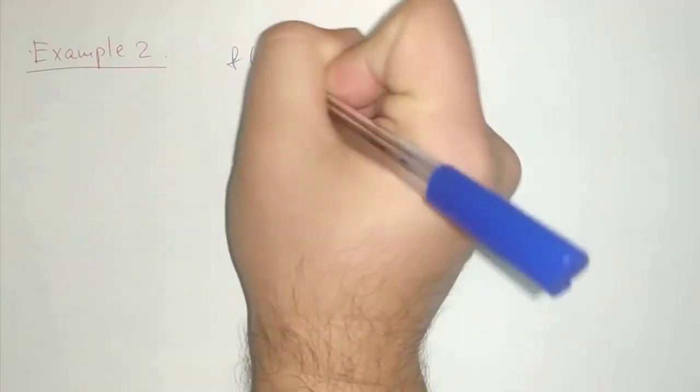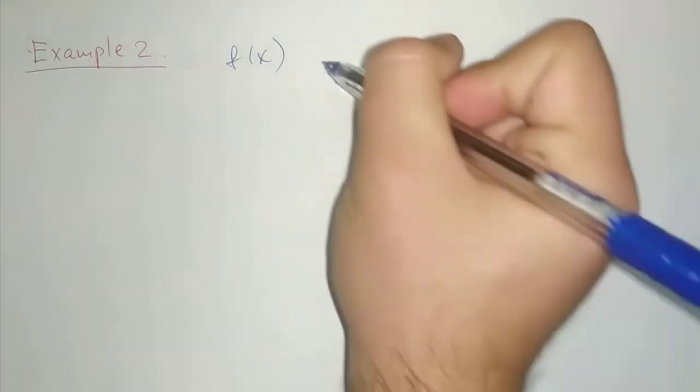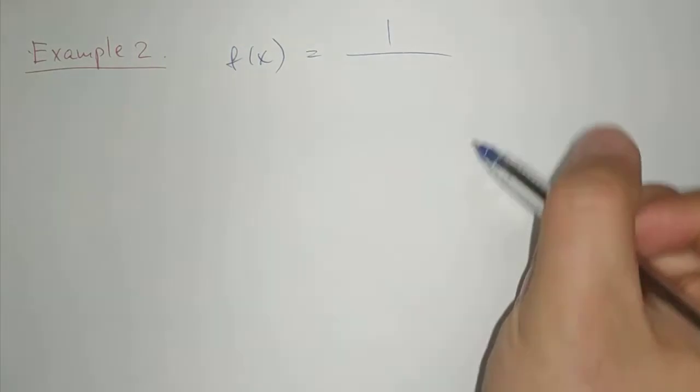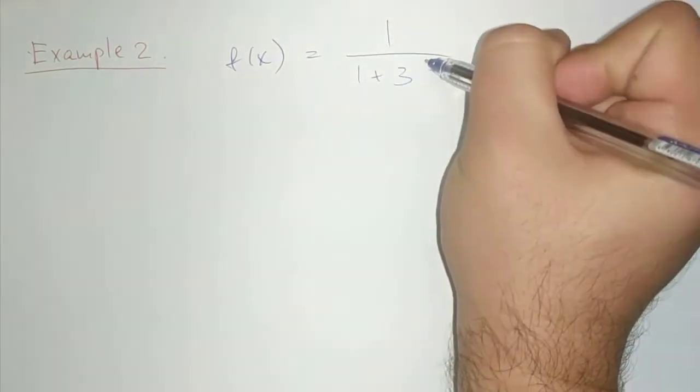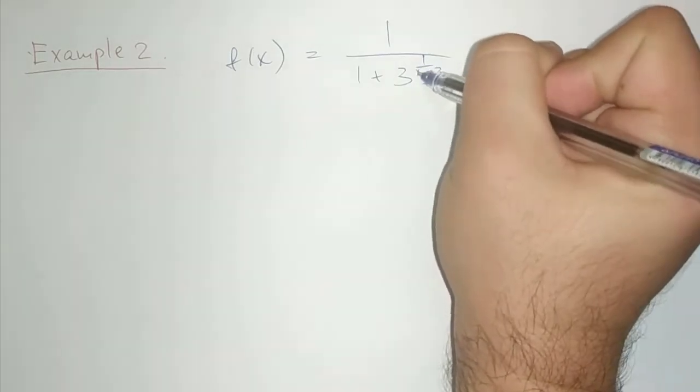And now let's consider the next function. So f(x) is 1 over 1 plus 3 to the power of 1 over (x minus 2).